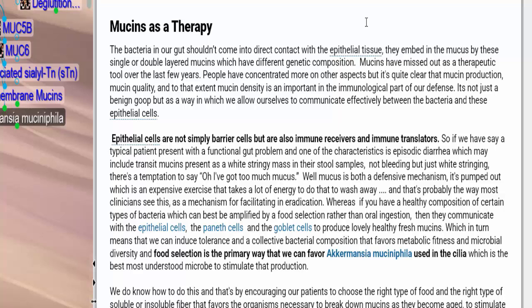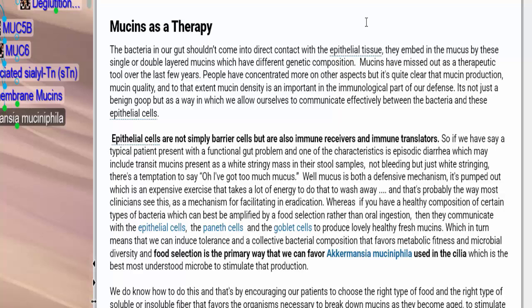But it's clear that mucin production, mucin quality, and to that extent mucin density is an important part of our immunological defense. It is not just a benign goop, but a way in which we allow ourselves to communicate effectively between the bacteria and these epithelial cells.